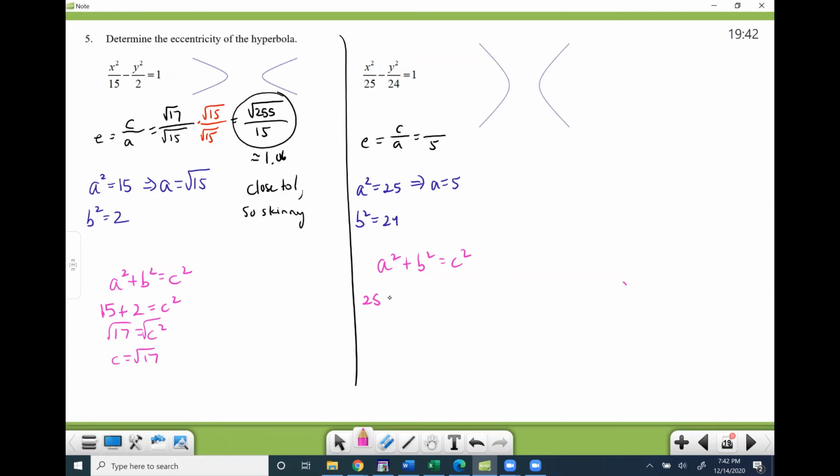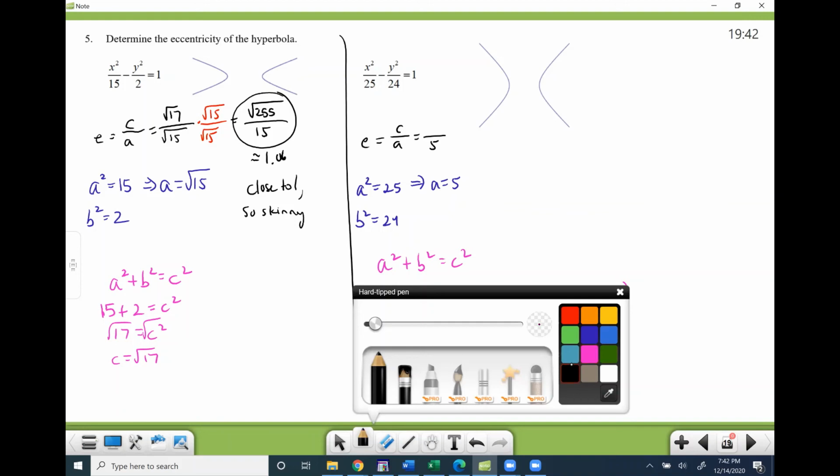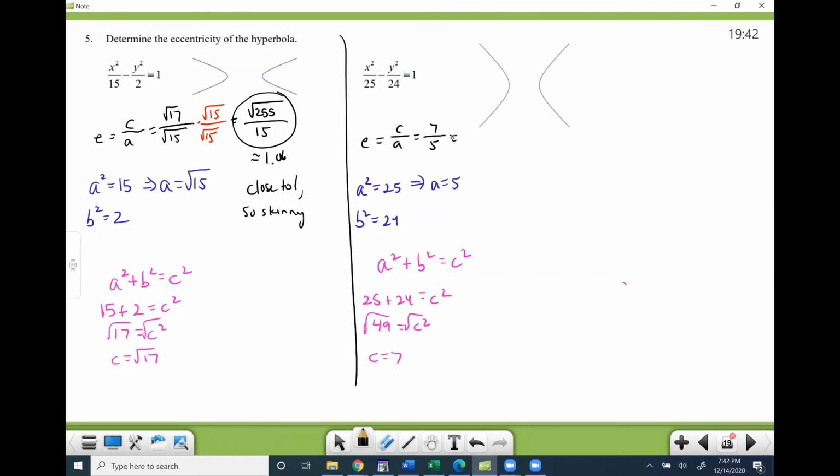So we've got 25 for the a, 24 for the b. Ooh, that's a nice number, so we can square root that pretty easily. So c equals 7. If you divide that out, that's definitely bigger than the last one. It's 1.4, so it's going to be wider than the last one.